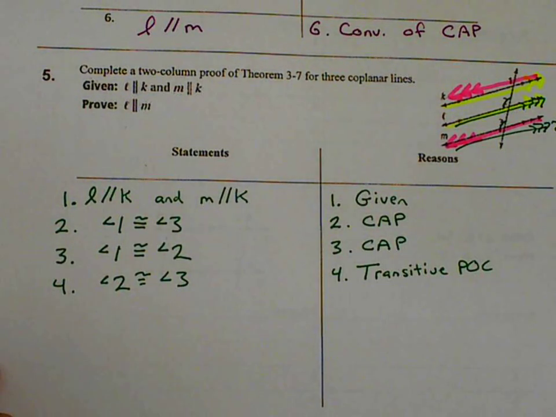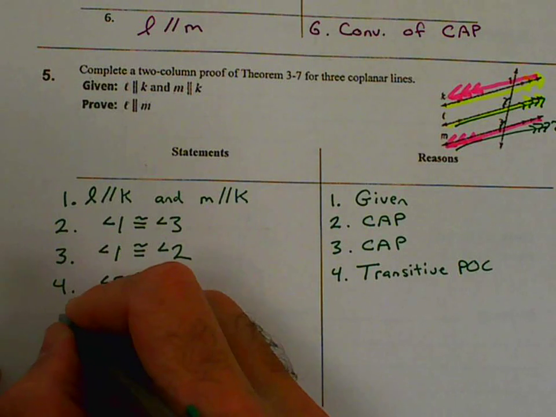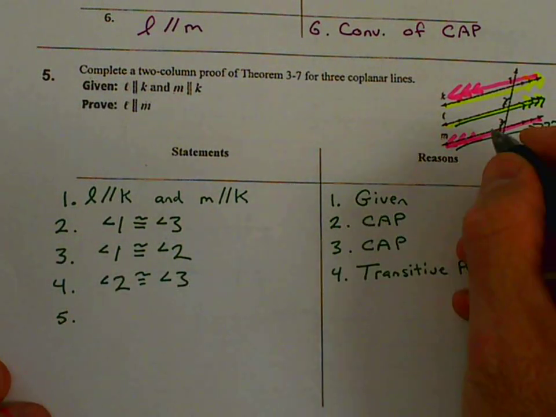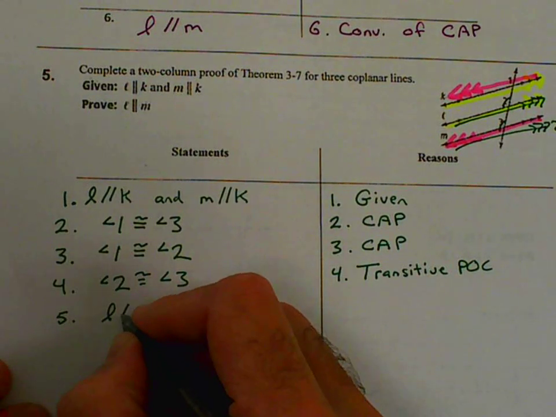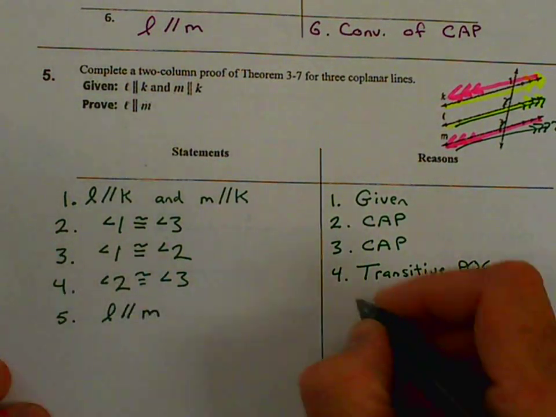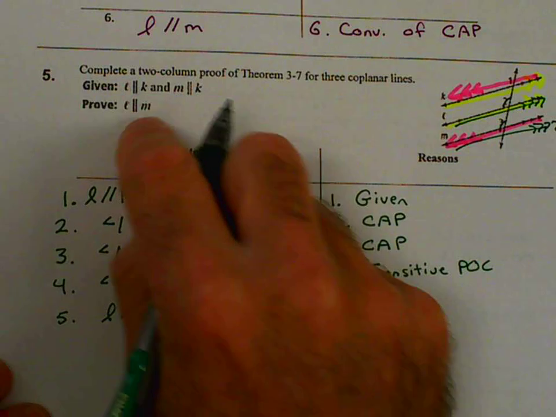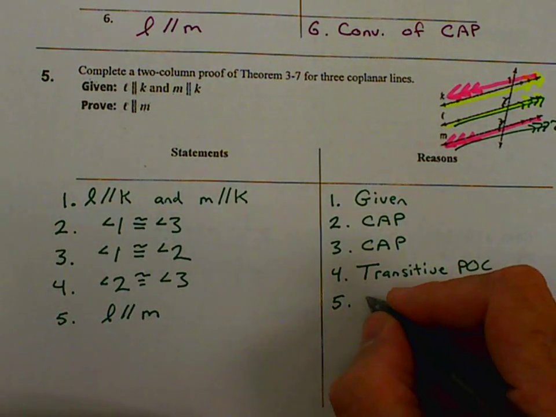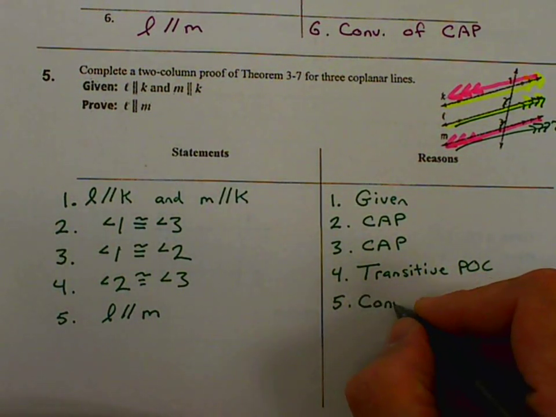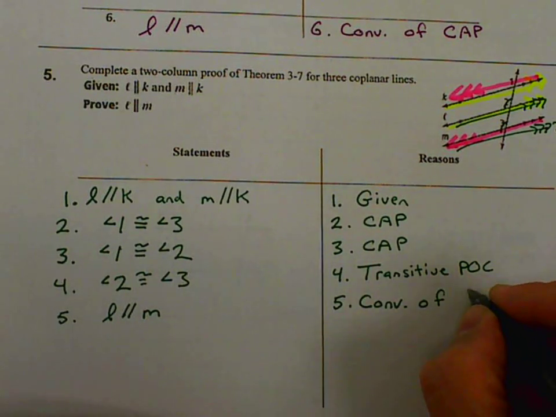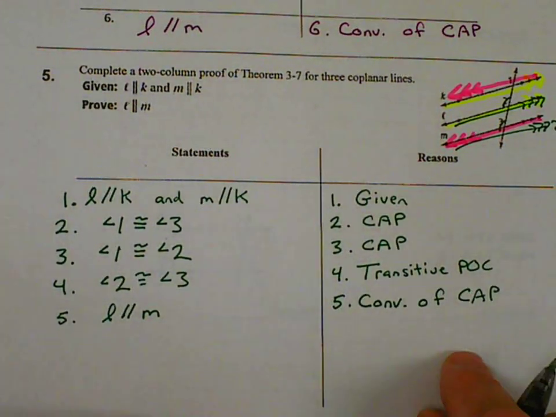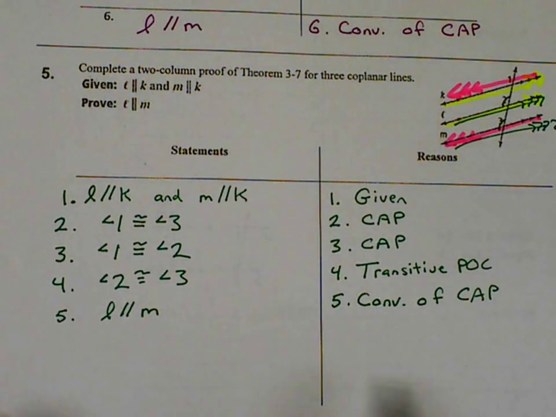So those are all parallel. So now step 5, L and M, as we wanted to prove, L is parallel to M, which is exactly the statement there. So we've proved it. And notice as we've done each of these, converse corresponding angle postulate allows us to make that last step.